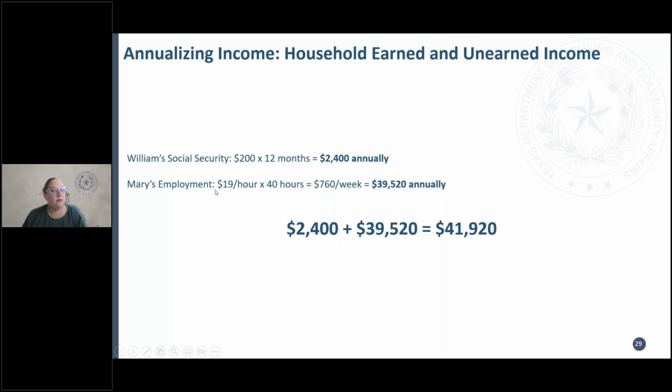For Mary's employment, we took the $19 per hour times 40 hours a week to get a weekly pay of $760 times 52 weeks gets us $39,520 annually. Added together, that totals $41,920 for the household's annual income before any adjustments are made.